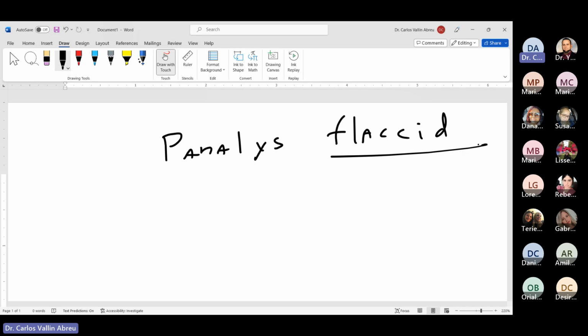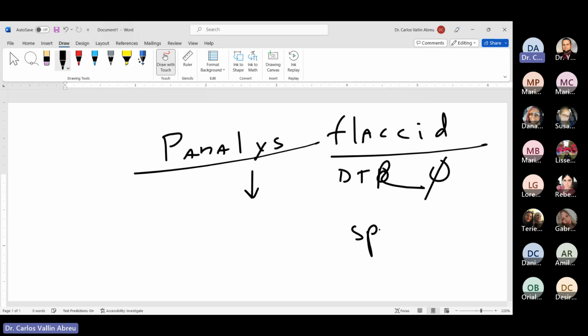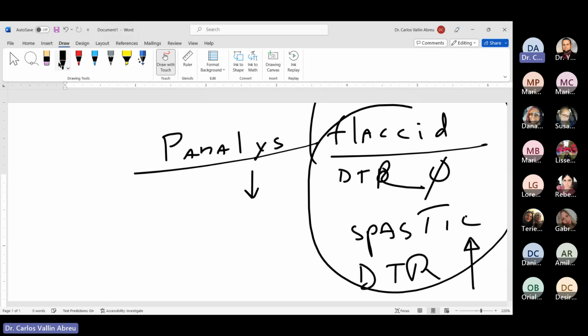And the deep tendon reflexes are zero. Then one to three weeks later, the paralysis persists, but now it is spastic. Now the patient becomes stiff, paralyzed but stiff, spastic, and the deep tendon reflexes return exaggerated, to high. This is frequently tested.